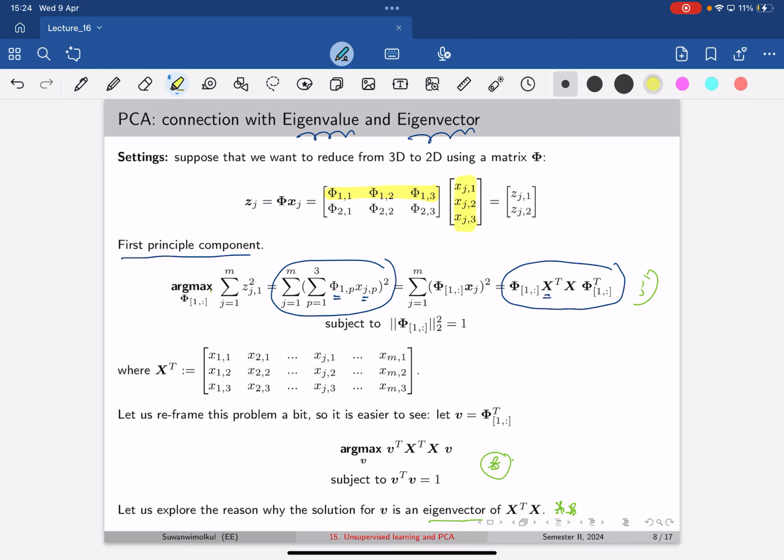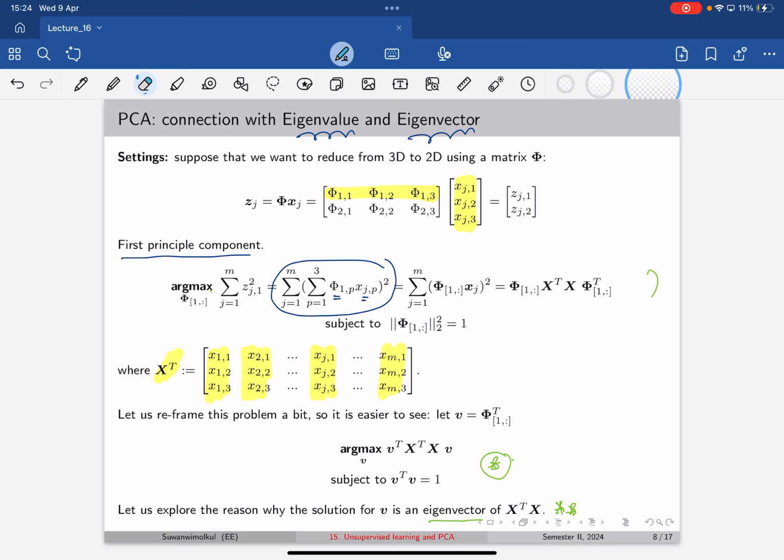But to extend from xj to the X matrix, we concatenate the data along the column direction, and that will be our X transpose. And this X transpose times X here will be equivalent to doing this dot product multiplication and sum of squares.